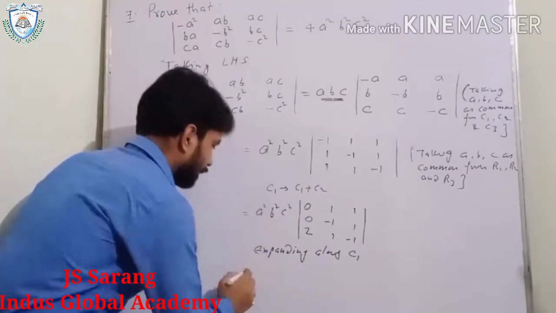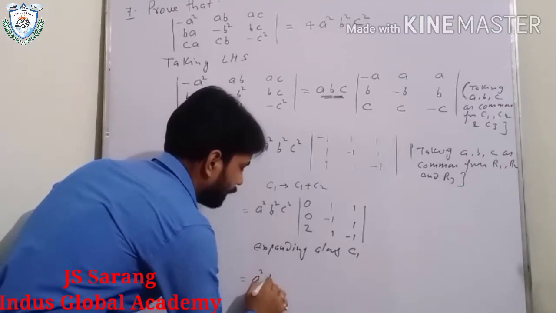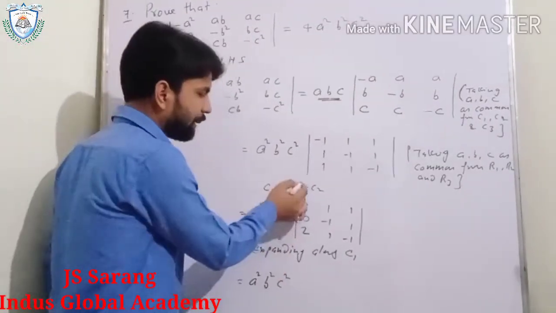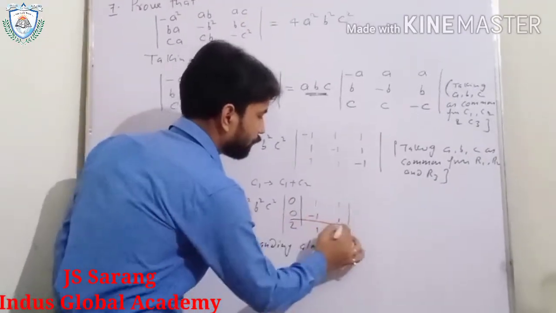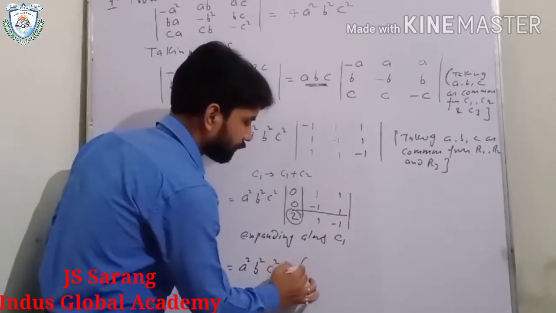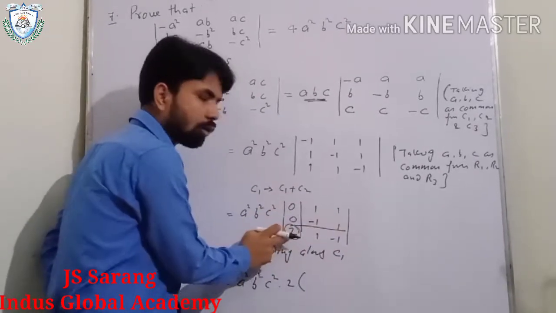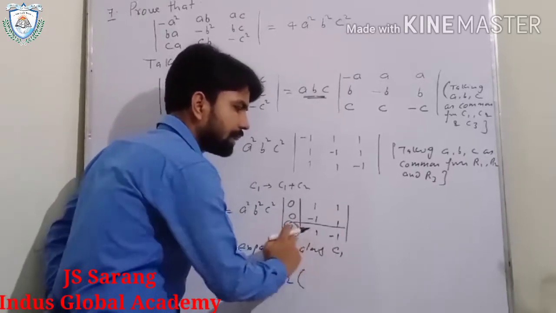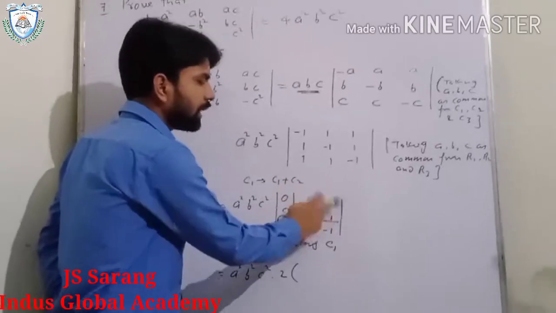So see, a square, b square and c square, this will remain same. If we expand along C1, we will hide this column and this row. So what is left here? That is 2. Now bracket. We will hide this column and this row because this is a non-zero element. Then only 1, 1, minus 1 and 1 is left.